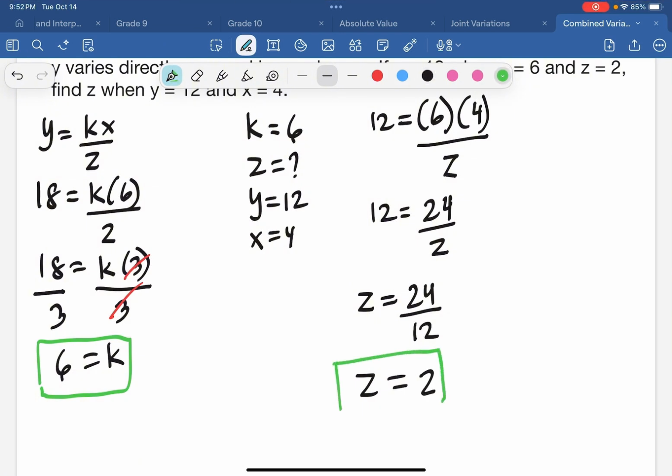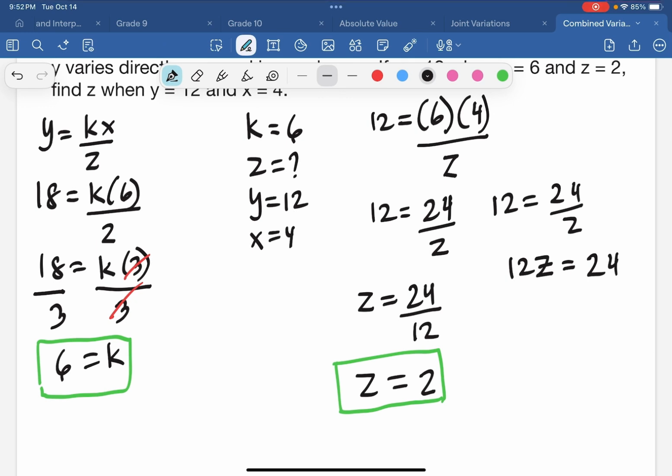But if you want some clarification on why we could just switch 12 and z right away, it's just like this. So let's just have this part. So 12 equals 24 over z. Remember to cross multiply. So we have here 12z is equal to 24.